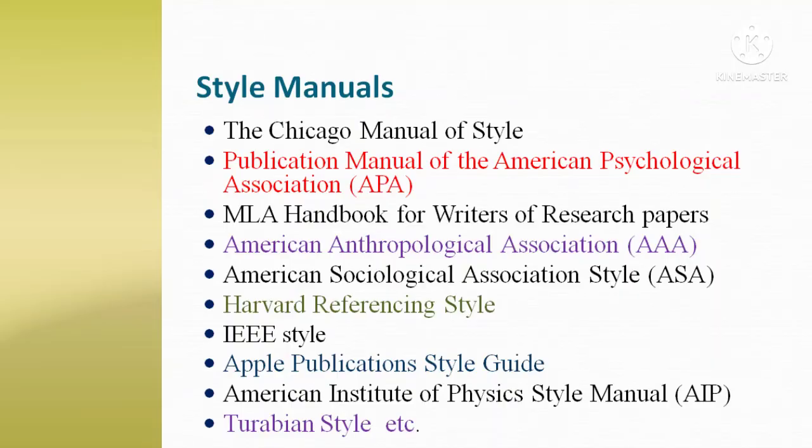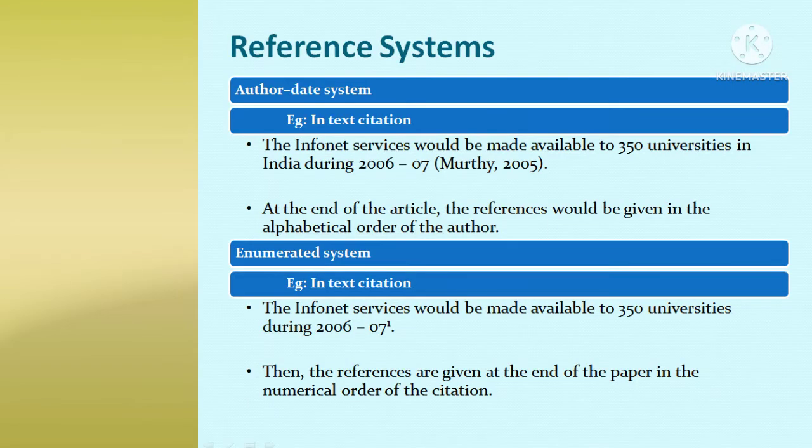There are different styles: APA style, MLA style, IEEE style. Basically there are two types, author-date style and enumerated style. In author-date style, all the references are listed alphabetically by author. Enumerative style is numbering 1, 2, 3, 4, 5.